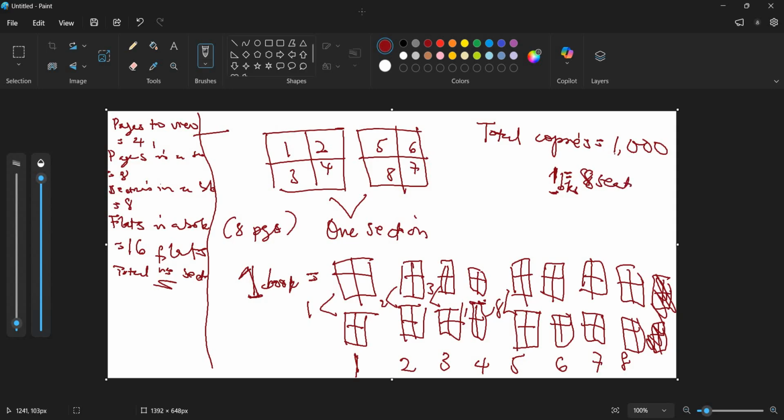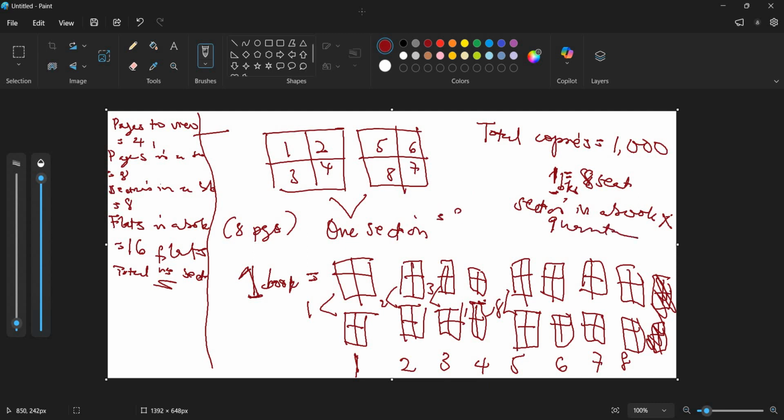So that means for 10,000 you will need 8 sections each. Do you get it? So what you need to do is multiply the sections in a book by the total quantity. Do you get it?